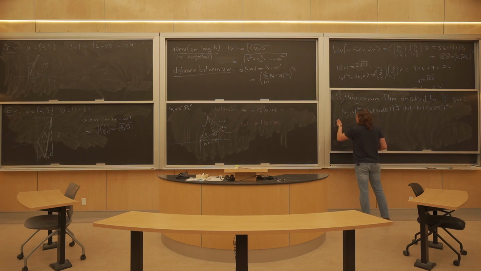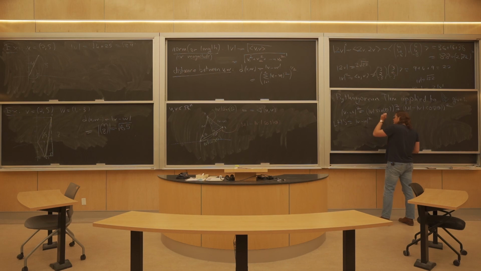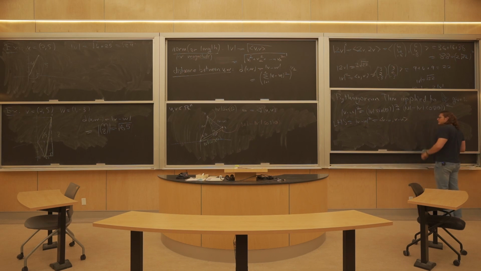So the left-hand side is v minus u, norm squared. This is nothing but v minus u inner product with itself. And then you can open this up. It turns out that this is equal to this. The property I'm using is that for any fixed first vector, this is going to be a linear transformation, and vice versa.